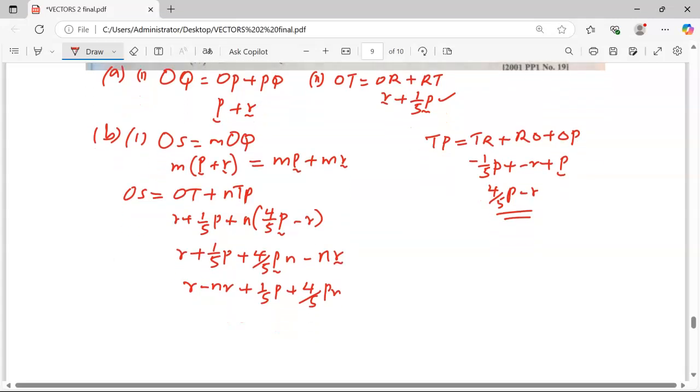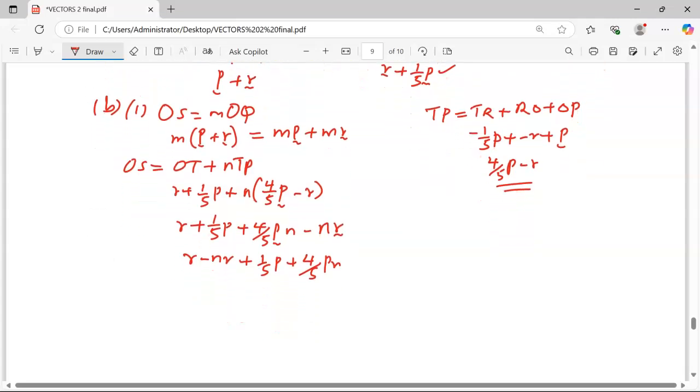Remember, we can now carry out factorization. R is common on our first part into 1 minus N, plus P being common into 1/5 plus 4/5 N. That way now we are through with this particular part.